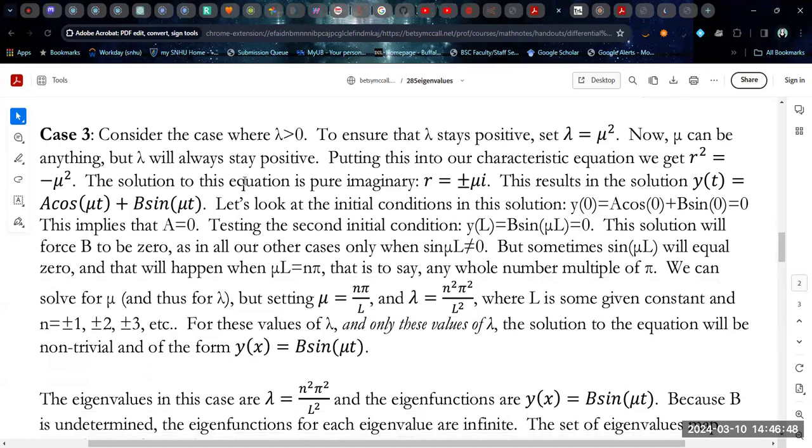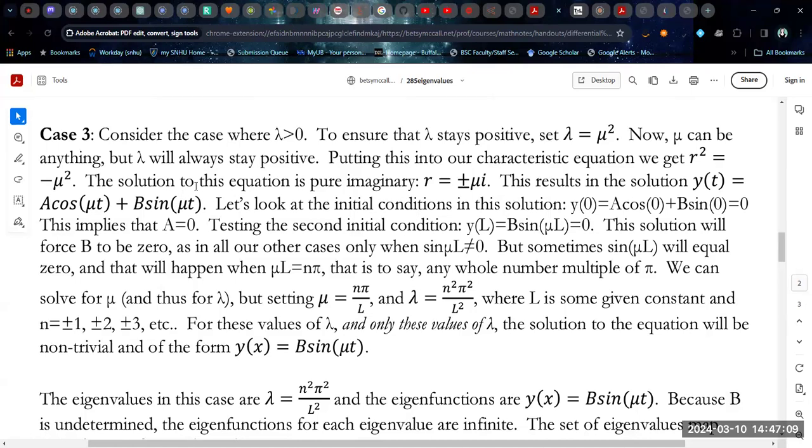Now, in case 3, we're going to assume lambda is positive. If lambda stays positive, we can set lambda equal to mu squared, not negative mu squared, positive mu squared. Since mu can be anything, but mu squared will always be positive, this ensures that lambda will be positive.